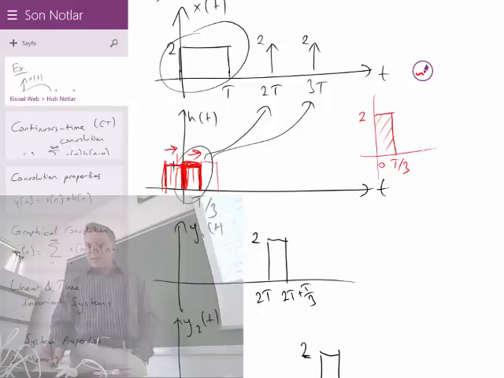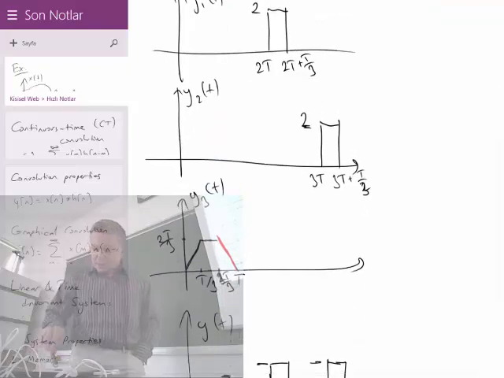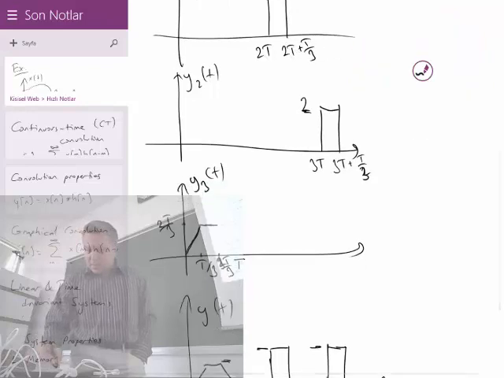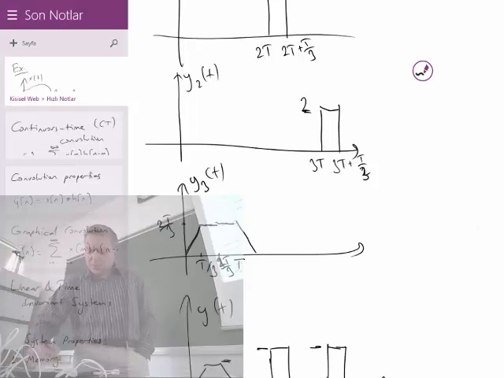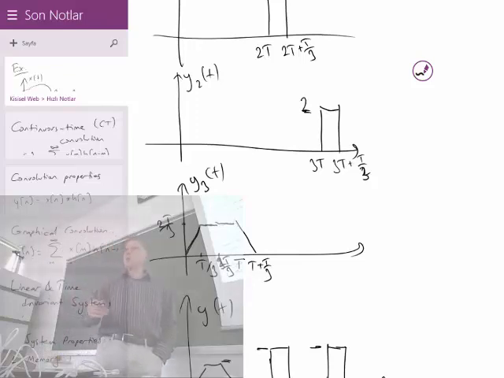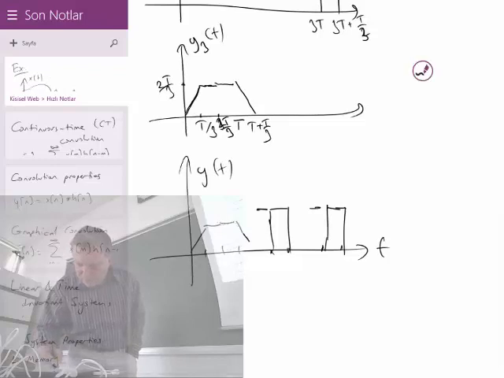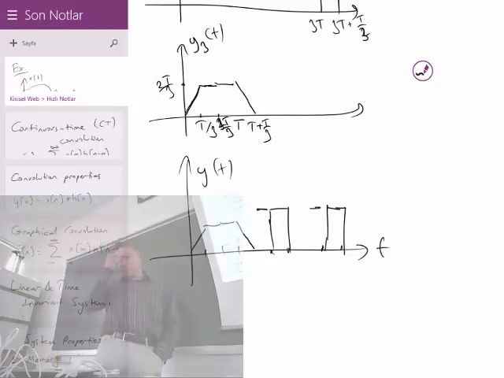Yes. At t, it is still at the maximum. You're right about that. So it's not like this. Your friend is right. It goes up to t. And at the position t plus t over 3, it goes back to 0. Yeah, the overlapping vanishes only then. So that's right. And therefore, it must be something like this.